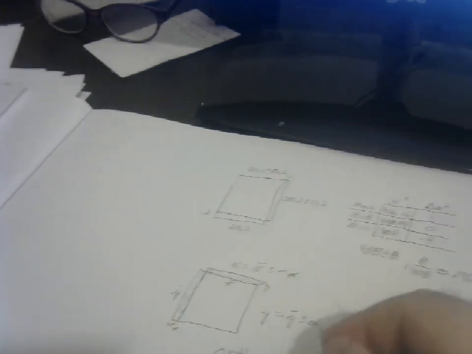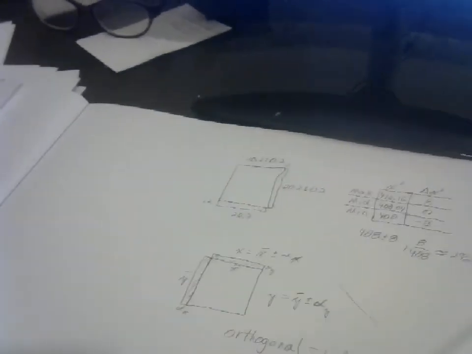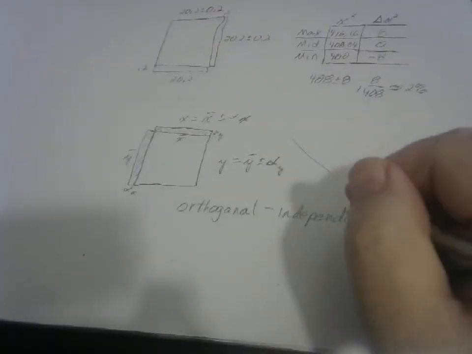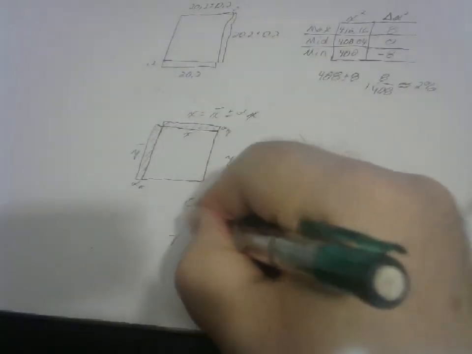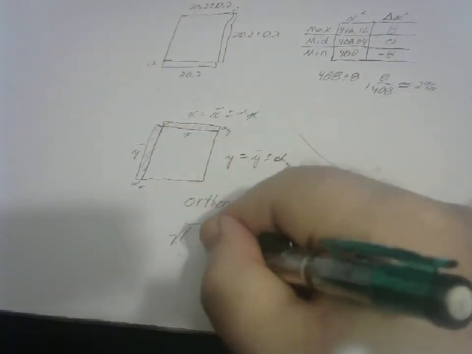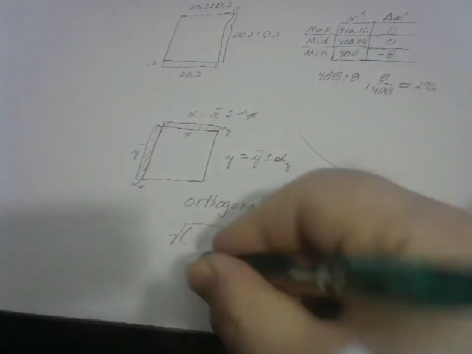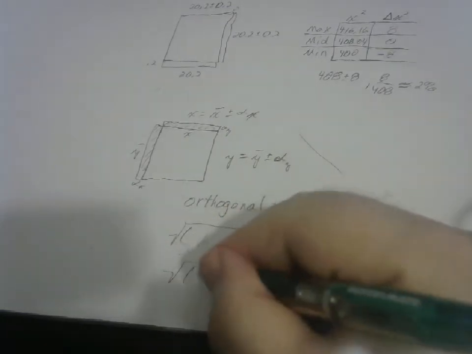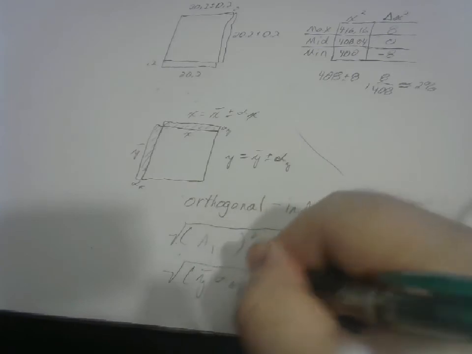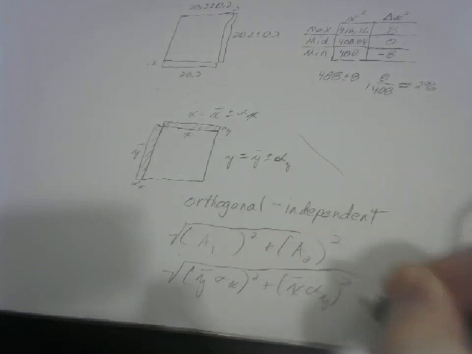Orthogonal is one way, independent is another way of saying it. And that is why we use this equation: the square root of this area squared plus this area squared, which was the square root of y bar alpha sub x squared plus x bar alpha sub y squared.